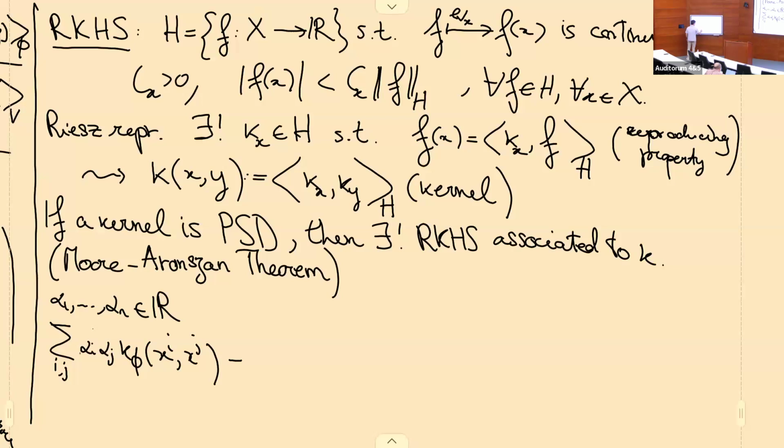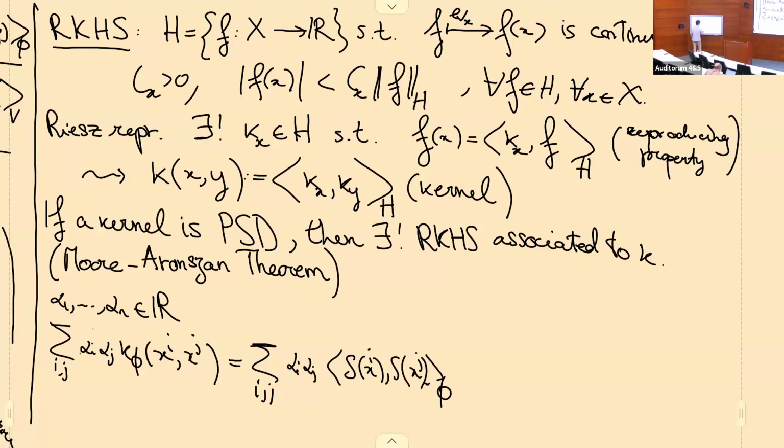By definition, this is equal to the double sum of alpha_i alpha_j times the inner product in phi of the whole signature of x_i with the whole signature of x_j.